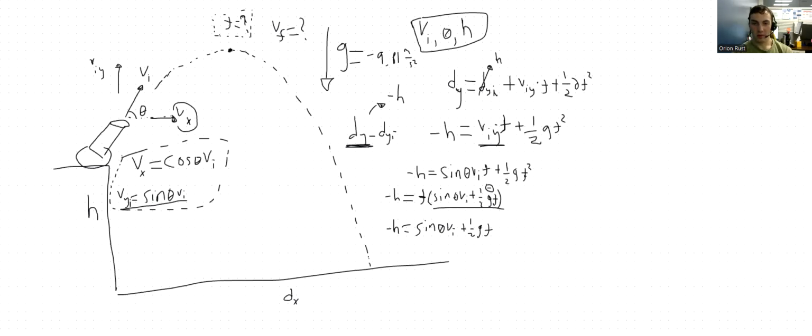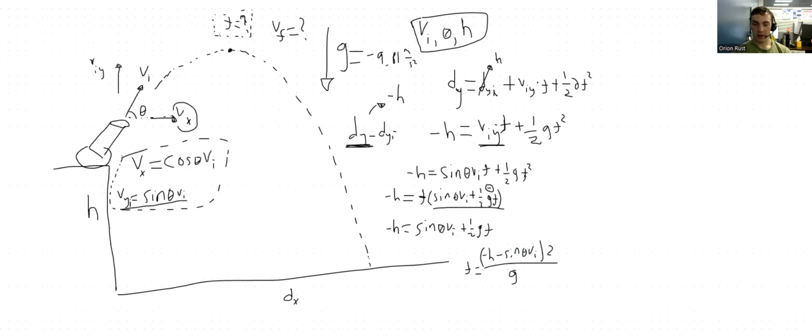Now, essentially, what we can do is we can move the equation around, manipulate it, and we eventually get t equals negative h minus sine theta vi, and we multiply by the 2 for the 1/2 all over g. And we can simplify this because we know that g is actually negative.